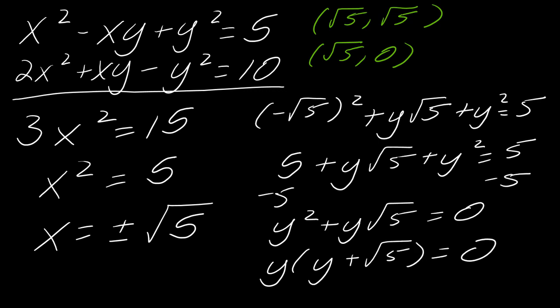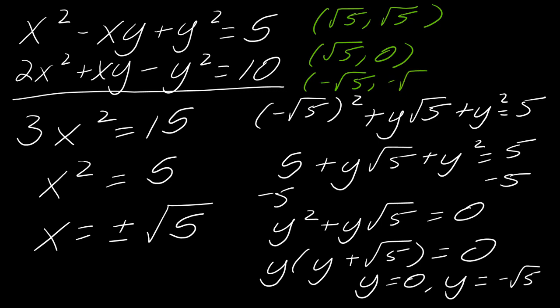And so in this case, what I get is y equals 0 and y equals negative square root of 5. So the two solutions in this case were negative square root of 5 and negative square root of 5, and then negative square root of 5 and 0. So those are the four solutions in this case.